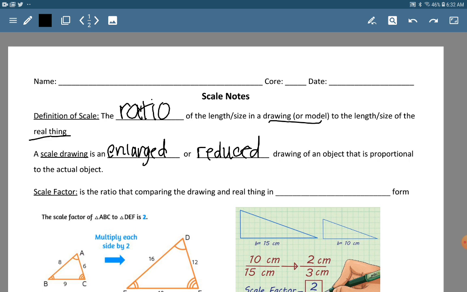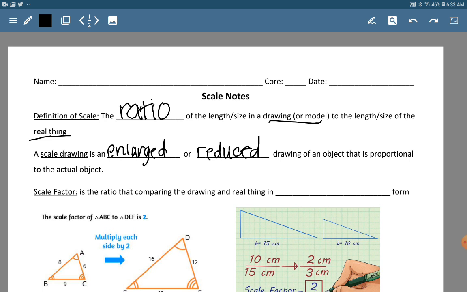For example, you normally hear about a map. If you look at a map, the distance from Ohio to Florida is just a couple inches on a map, but in real life, the actual distance is miles and miles and miles. So that's a scale drawing example.